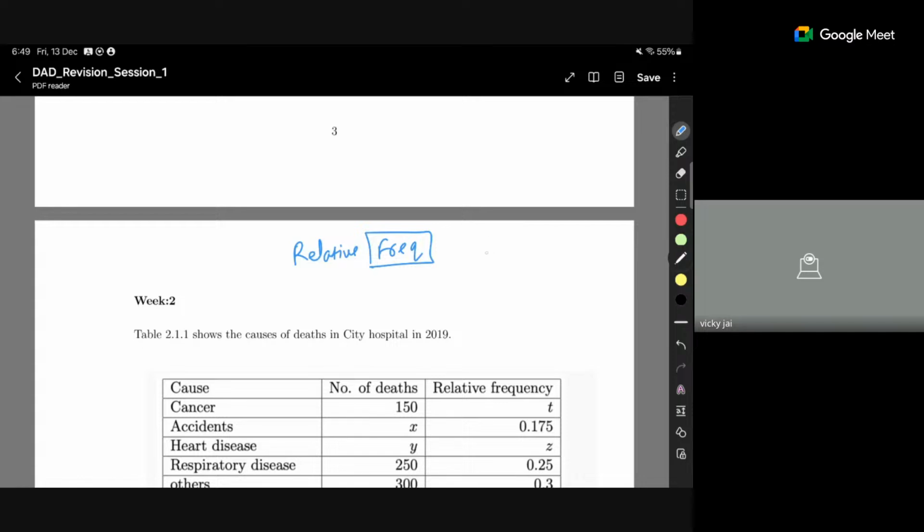Let's say this data is there where I'm talking about gender. Male is appearing, female, male, male, female. If I ask you what is the count of male in this, you can say male are 3, female are 2.